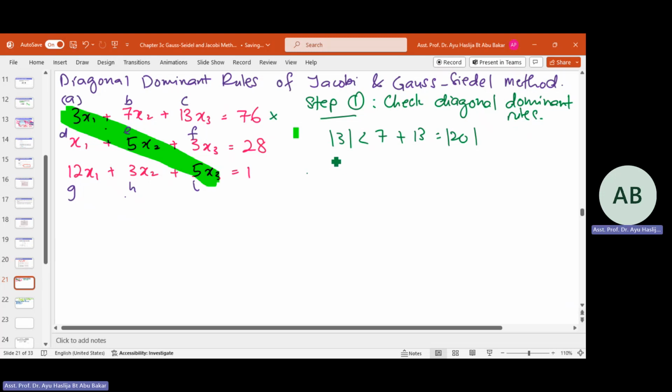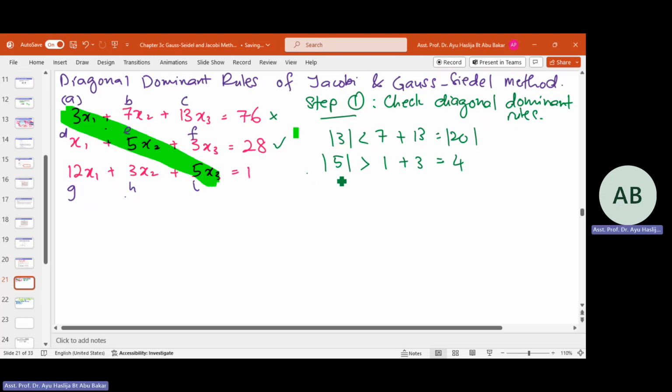How about equation 2, where E, which is the 5, must be larger than D 1 plus 3. 1 plus 3 goes to 4. And this is larger. So this equation meets the rule.